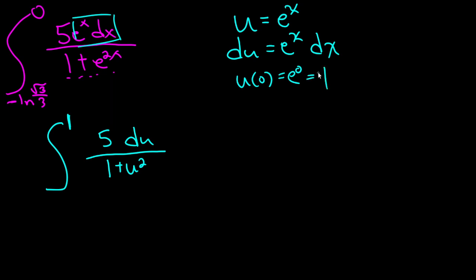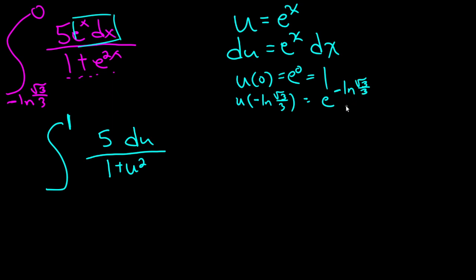And then if I do u of negative ln root 3 over 3, that becomes e to the negative ln root 3 over 3. And, well, what can we say here?